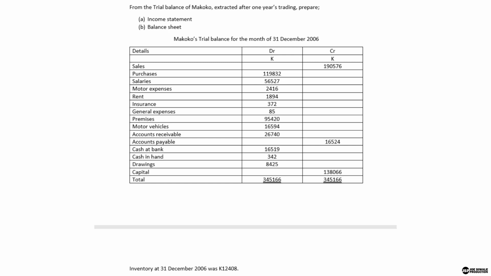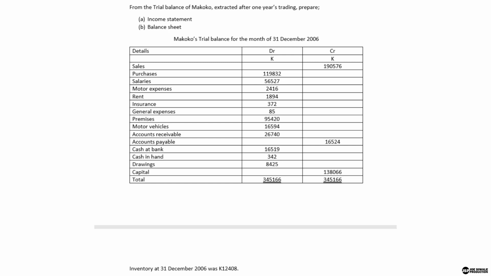We have premises amounting to 95,420. We have motor vehicles amounting to 16,594. We have accounts receivable amounting to 26,740. Then we have accounts payable amounting to 16,524. We have cash at bank amounting to 16,519. We have cash in hand amounting to 342. We have drawings amounting to 8,425.